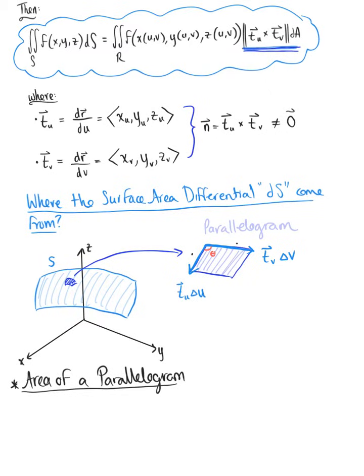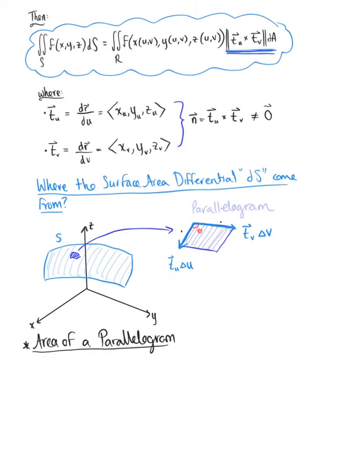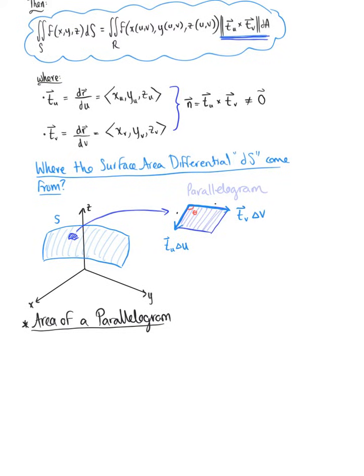We're still using an approximation, so we can say delta S, the change in this surface area, is going to be approximately equal to the area of a parallelogram, specifically this sufficiently small parallelogram that we have just taken off of our surface.